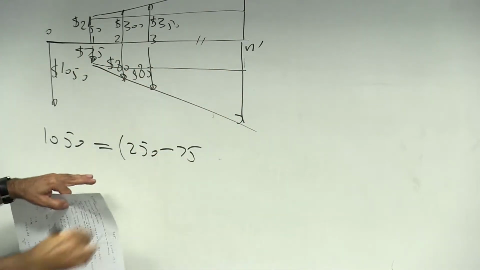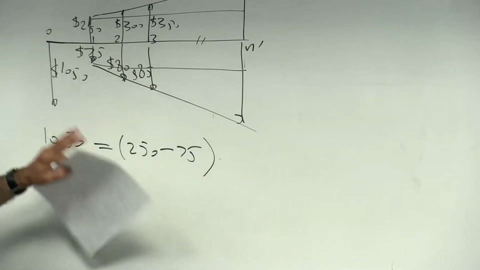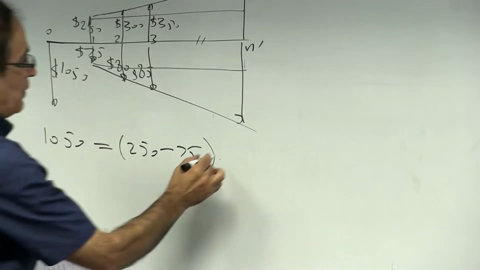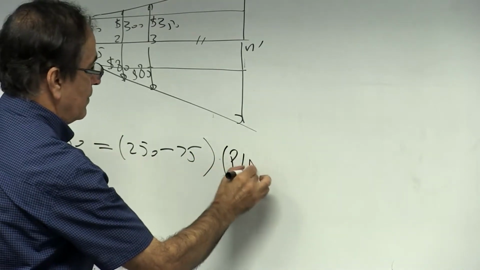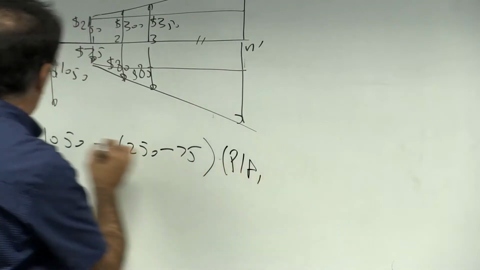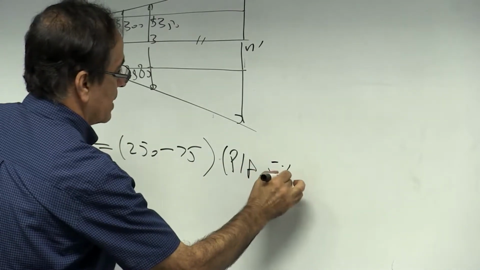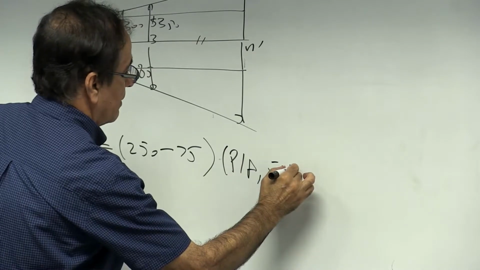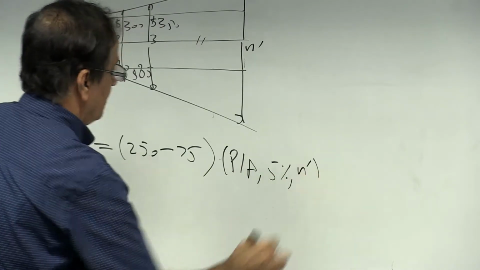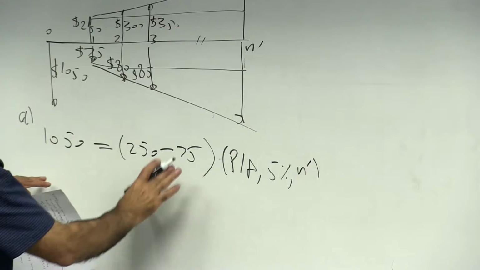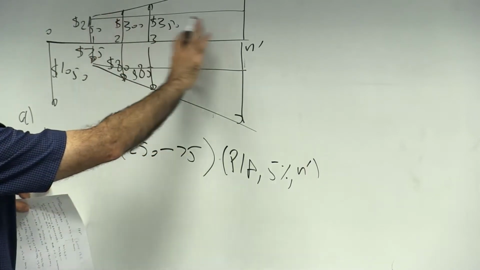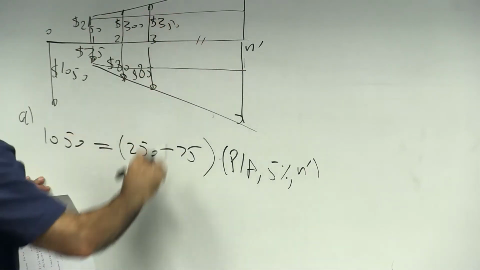The net difference is going to be 250 minus 75. That's going to be uniform. We're going to multiply this one by P given A. Again, we are doing part A here. And the interest rate for part A is 5%. And we're going to do this one for n prime. So that's the present worth of the difference between the annual cost and annual income.